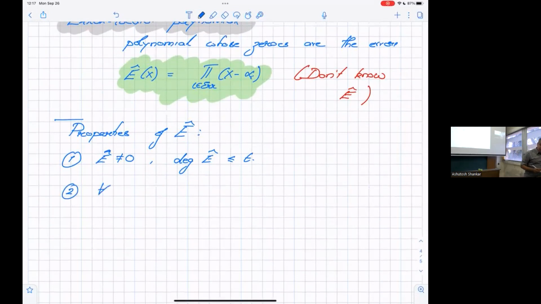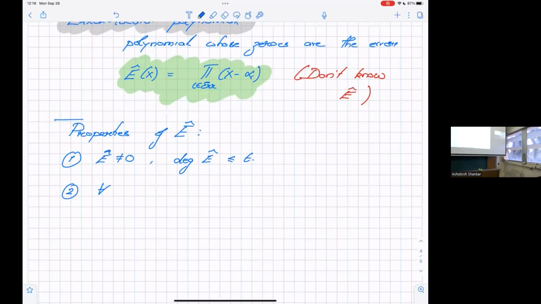Furthermore, E hat is exactly defined by the error locations. We know beta_i is equal to P(alpha_i) when i is not one of the errors. We want this to be an equality, because for a non-corrupted word it's an equality all the time. It's not an equality exactly when i belongs to the errors.